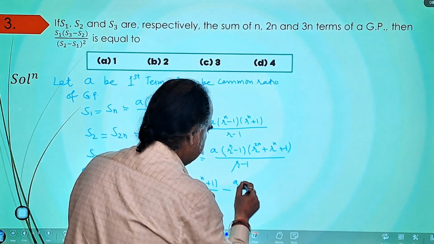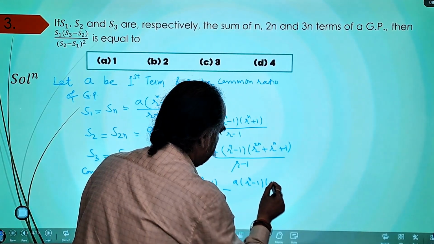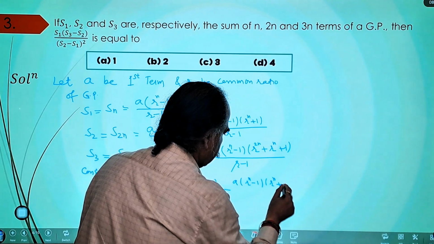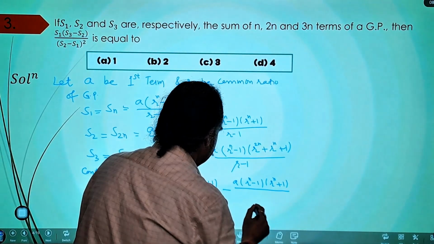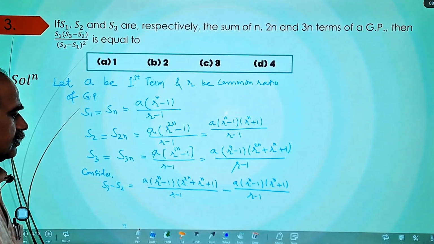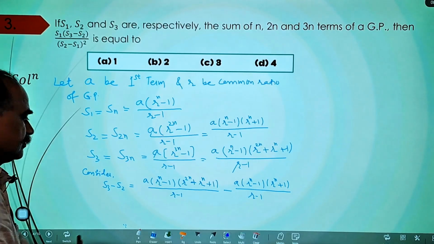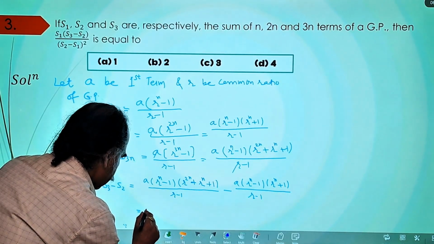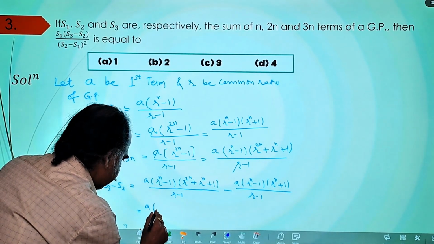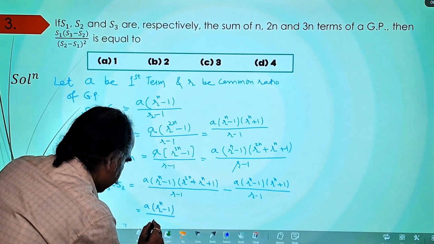A into r raised to n divided by r minus 1. Now we can take a r raised to n, a into r raised to n minus 1 upon r minus 1 common.